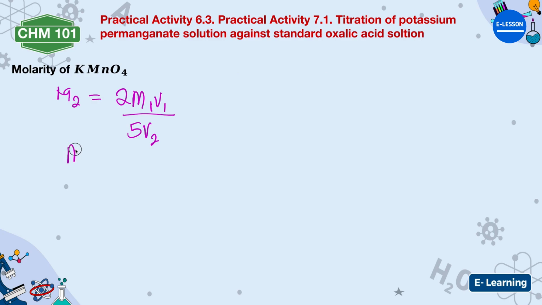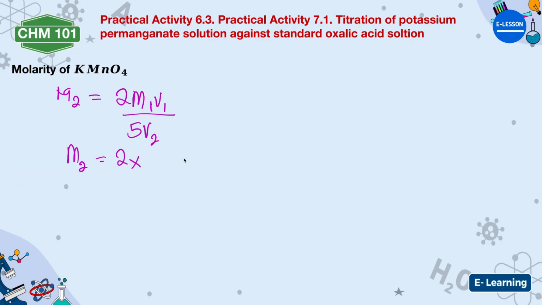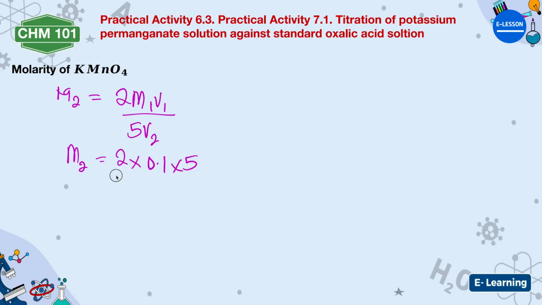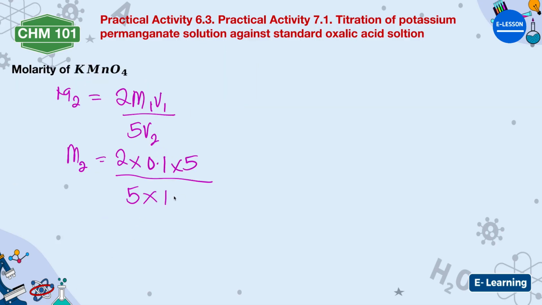Now, my dear students, M2 will be equal to 2 times M1, which is 0.1, times V1, which is 5 ml, divided by 5 times V2, which is the value you have here, 19.46.